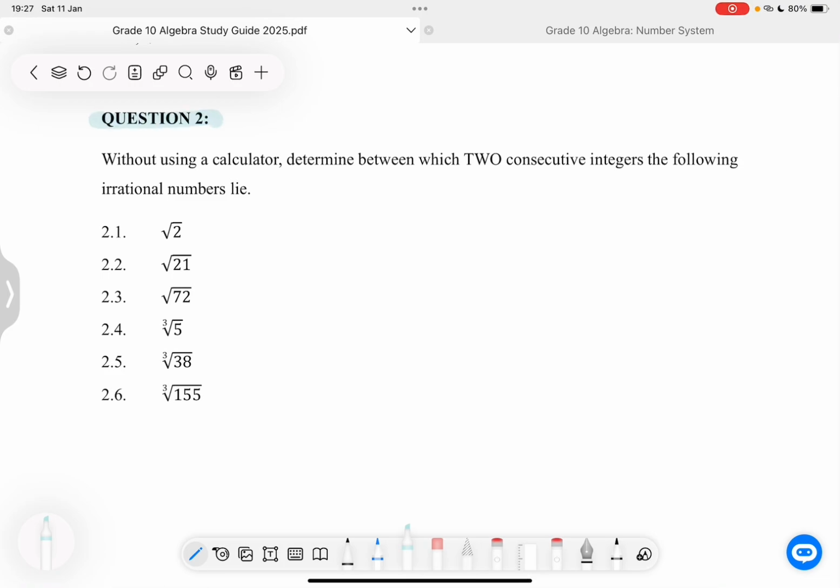Question 2 reads as follows: without a calculator, determine between which two consecutive integers the following irrational numbers lie. The question is straightforward because we explained each and every term in the previous lesson.